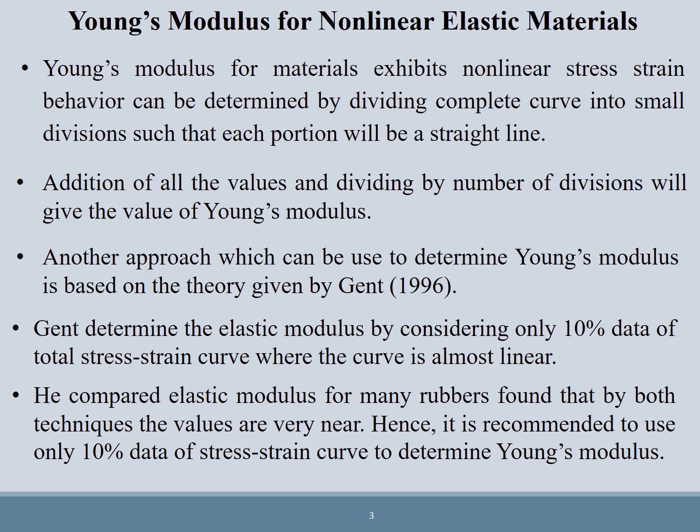First, divide the whole curve into small linear elements and then determine the slopes, and then add all these slopes and divide by the number of elements. We get the Young's modulus. And the second approach is to use the initial 10% data, fit a straight line, and determine the slope of that straight line, which will give you the Young's modulus.